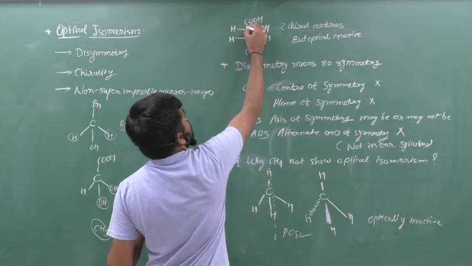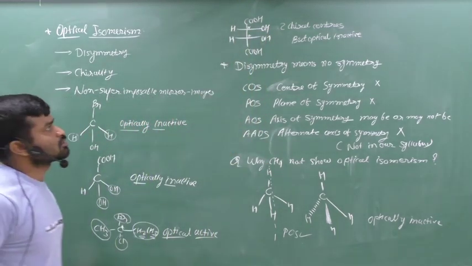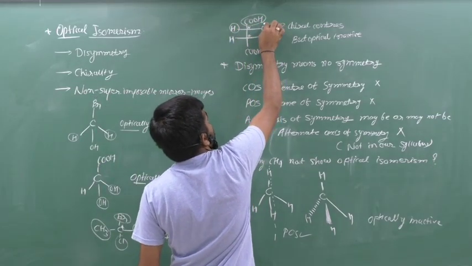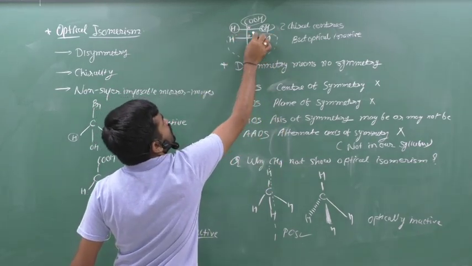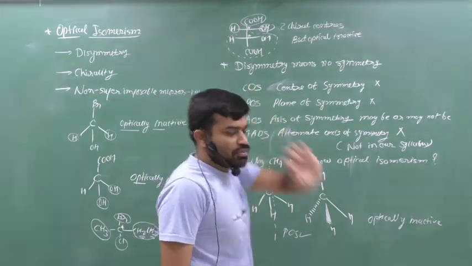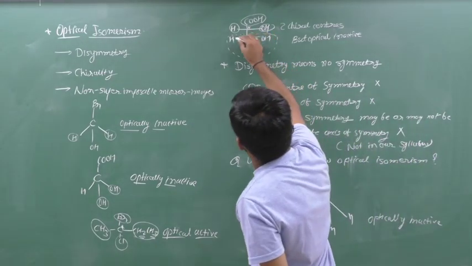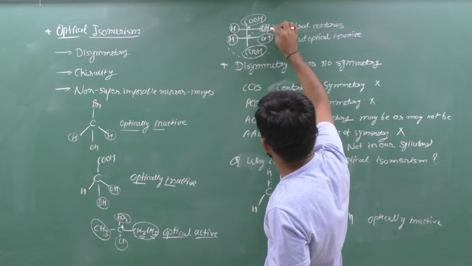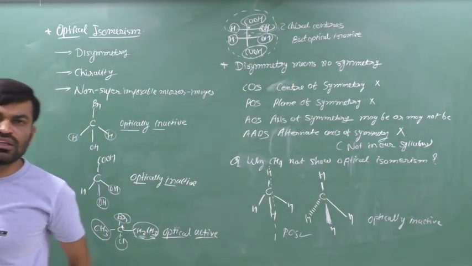If you look at this carbon, it is a chiral carbon because the first valency is H, the second is COOH, the third is OH, and the fourth is the remaining carbon group. All four valencies of this carbon are different, therefore it is a chiral carbon. Same situation here: the first valency is H, the second is OH, the third is COOH, and the fourth is the remaining group. Four different valencies are there.